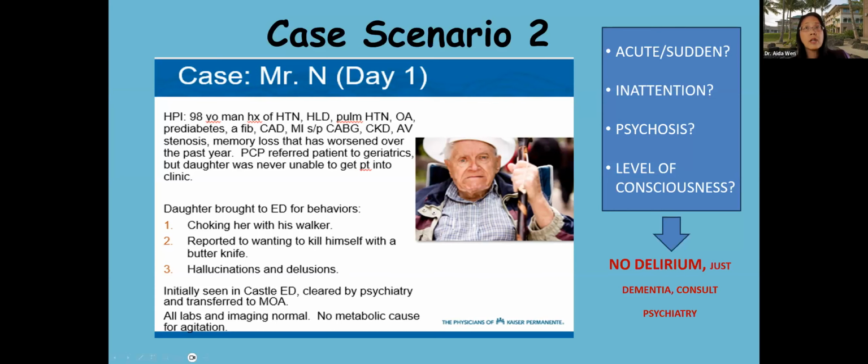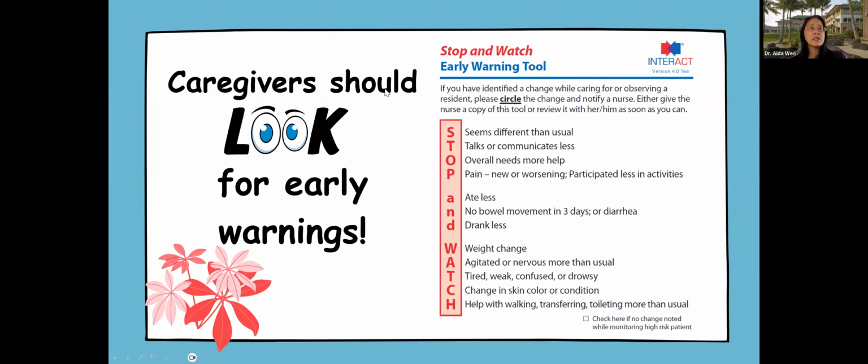Okay, so what should caregivers look for, right? We need to detect delirium early, so caregivers should look out for early signs. This is called the Stop and Watch early warning tool that we use a lot in our nursing facilities. And this is an acronym, right?